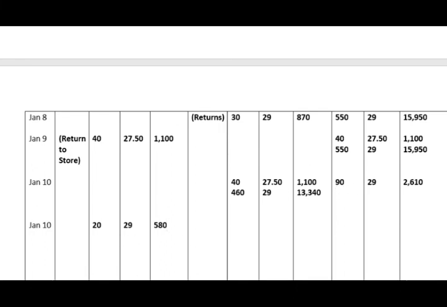We'll write 110, 90 plus 20, 110 at 29. It amounts to 3,190. So therefore the value of closing stock on January 10 is 110 units at the rate of 29, 3,190. That's all.